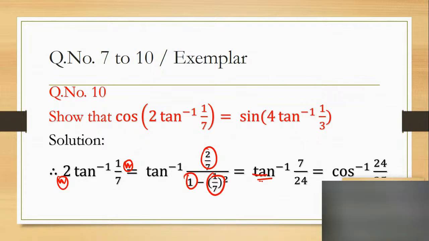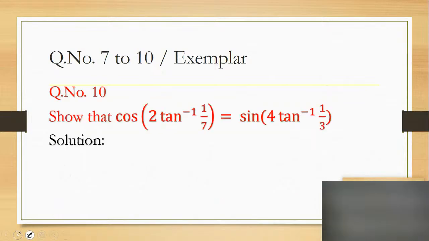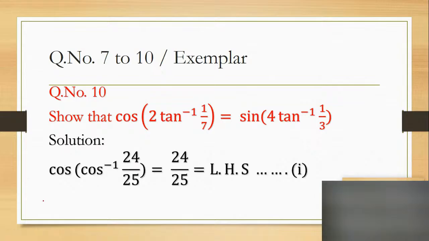So here will be tan inverse 7 by 24, equal to cos inverse 24 by 25. So cos inverse 24 by 25 equal to 24 by 25.